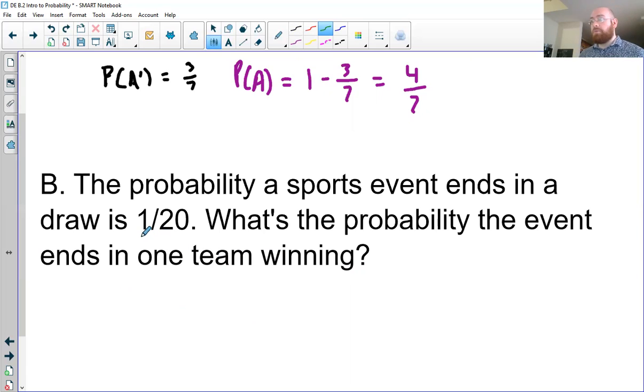So if the probability of a draw is 1 in 20, the probability of a win for one of the two teams would have to be 19/20, which as a percent is 95%? I believe so. If it's not, someone will tell me. That's how the internet works.